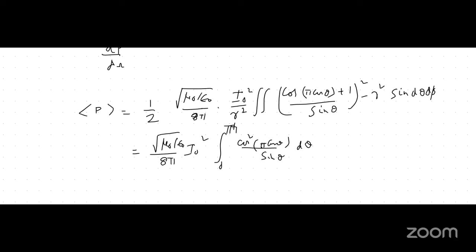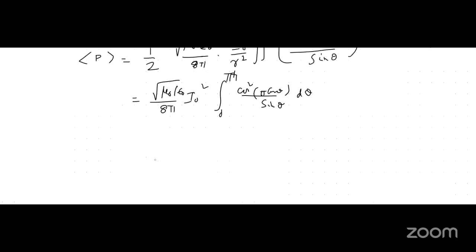Similarly, if you want the total power radiated for the half wave antenna, here you simply have to take 1 by 2, that is the half wave antenna, lambda by 2.